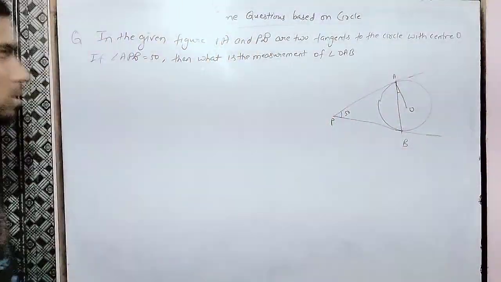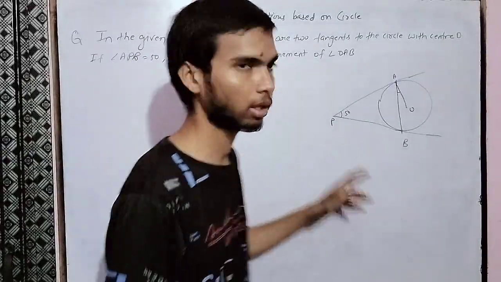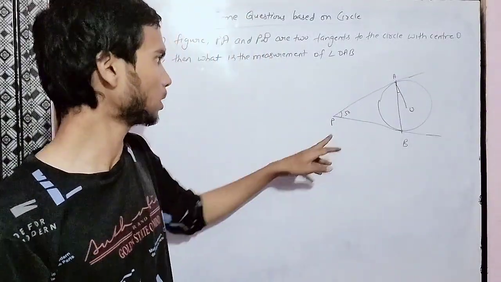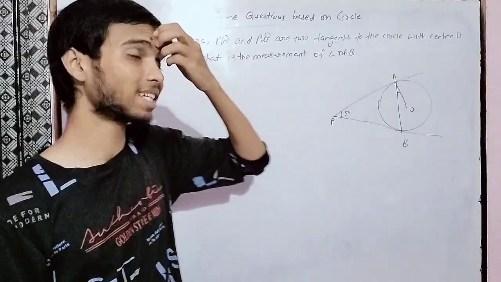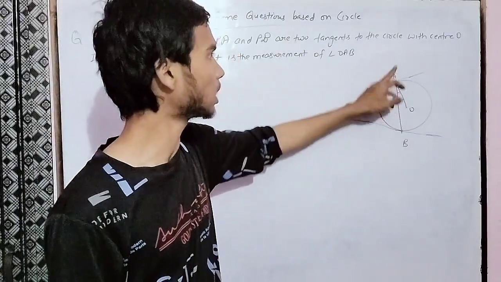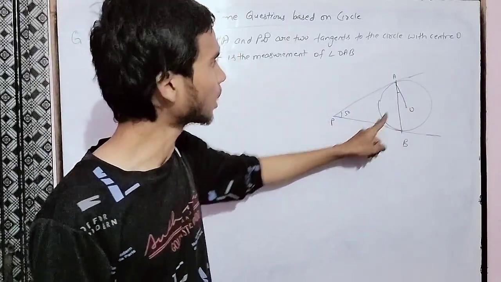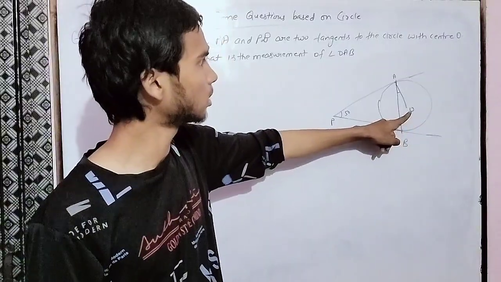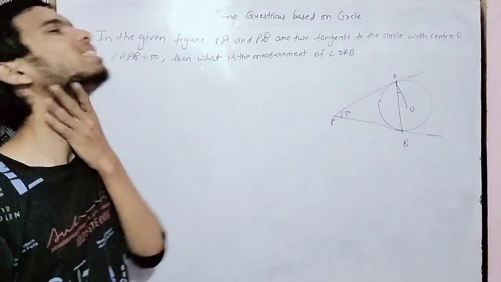Now look at this question. Here we have an external point, which is P. There are two tangent lines, PB and PA. We have to find angle OAB. How to find it?